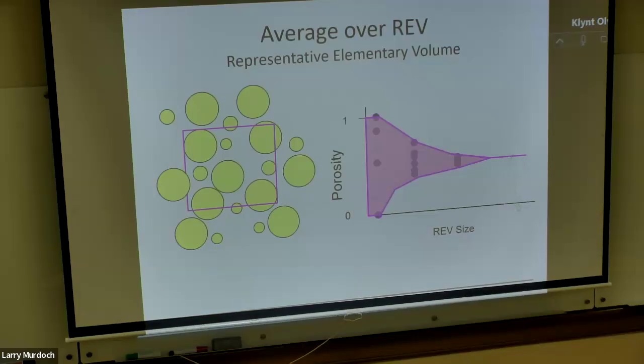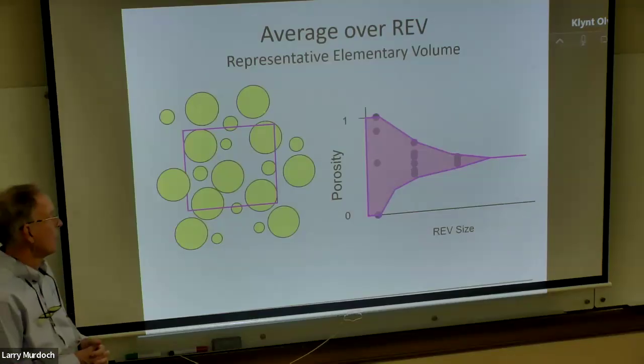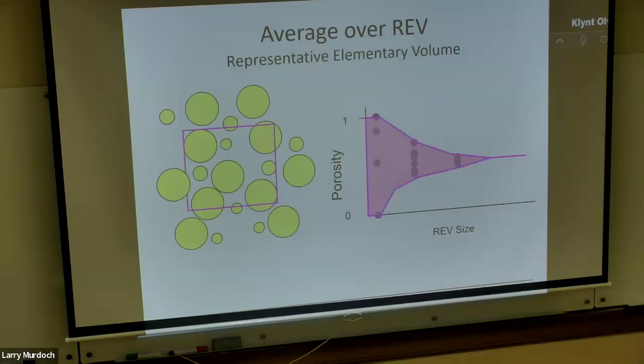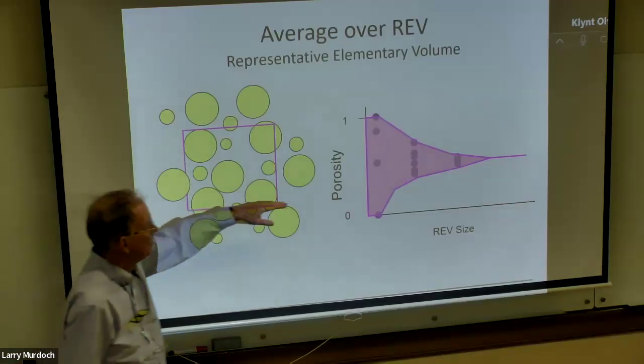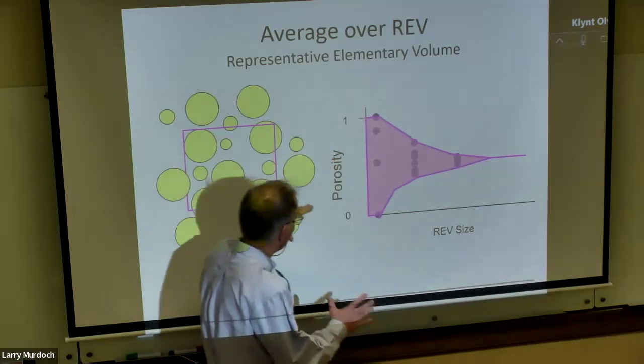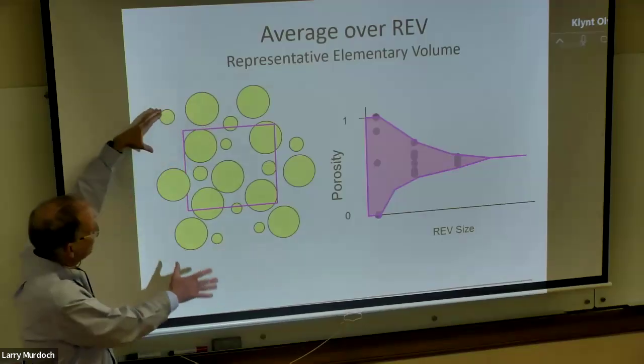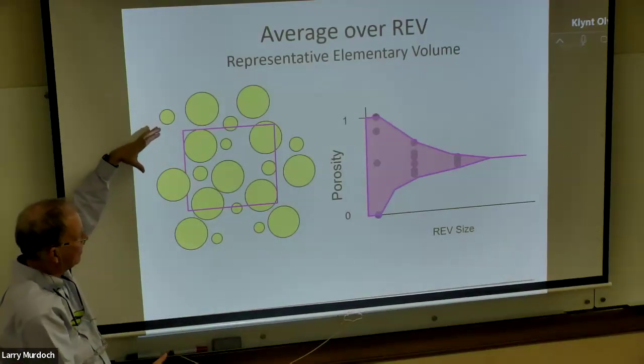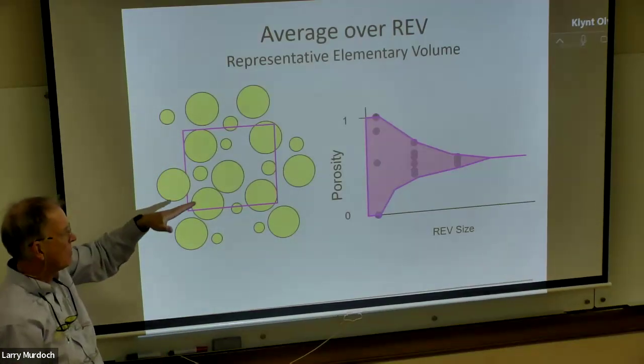Now, what happens is that we have this averaging volume that gives us a meaningful term at this size. But in the case of porosity, but also other terms that we'll use to define porous media, what happens is that we get to a certain size here and it stabilizes. But then as we make this representative volume bigger and bigger, it starts to diverge again.